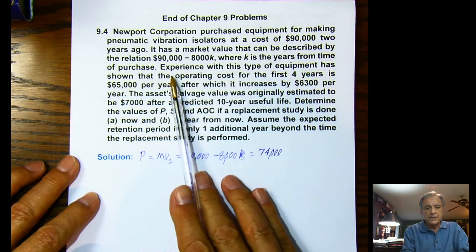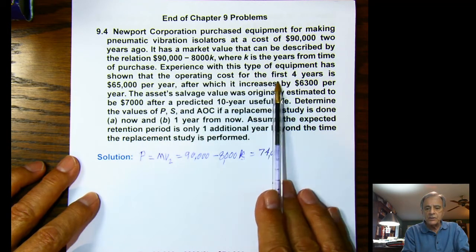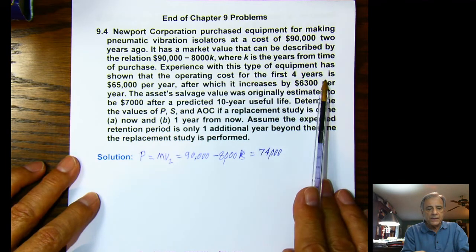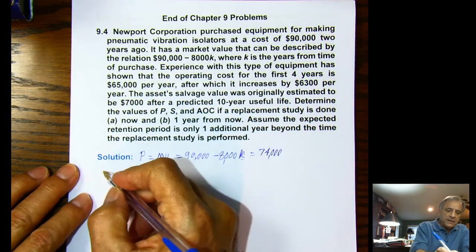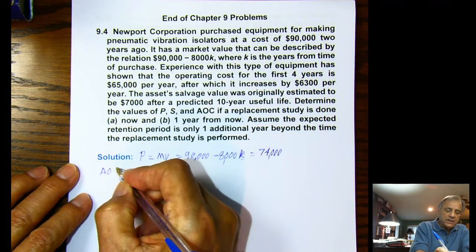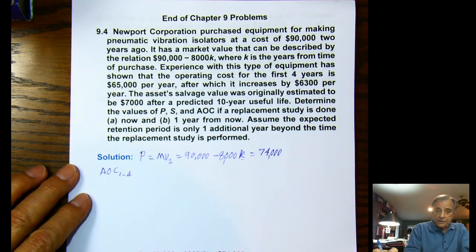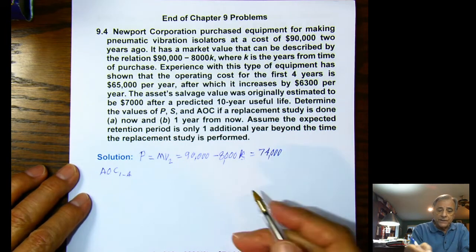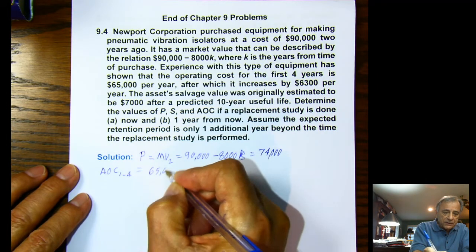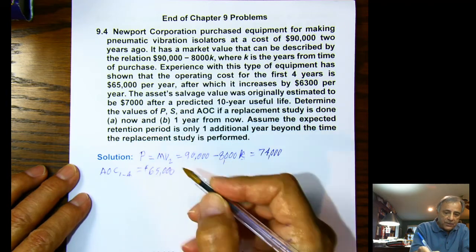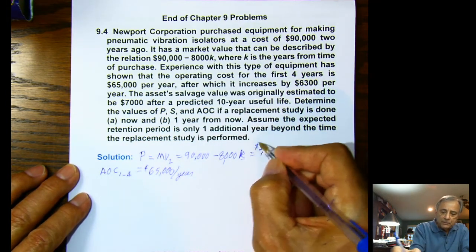Then the author goes on. He says, experience with this type of equipment has shown that the operating cost for the first 4 years is $65,000. So I'll just say AOC for years 1 through 4. Well, actually, we're going to be into year 3 here, is equal to $65,000. Okay, and that's dollars per year, whereas this is just dollars.